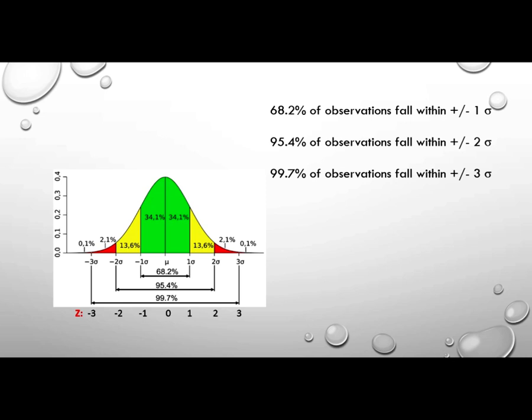If you go out 2 standard deviations, you've captured about 95.4% of observations. If you go out 3 standard deviations, plus or minus, you've gotten almost all of the probability under that, or the area under that curve, which is also directly related to probability. So you've got about 99.7%. This is important to remember because we're going to be looking at these areas under the curve.